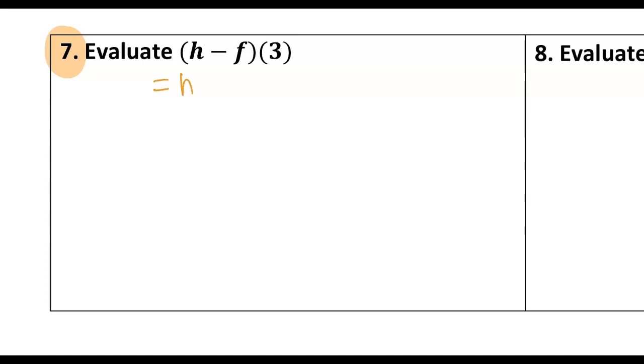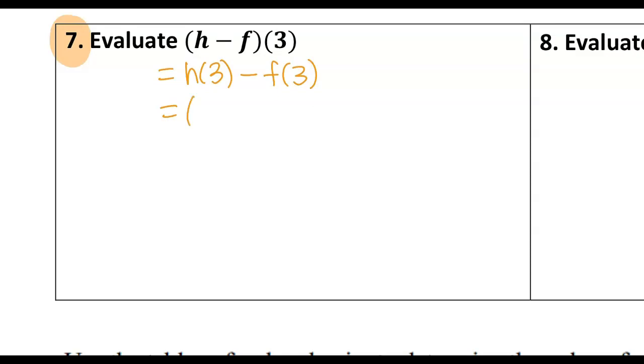Okay, and what did you plug in for h? 3 for the x's in the h function, and we're going to subtract that from f of 3. Okay, the next thing you should have done was use the h function, which is x plus 2, and you're going to plug in that 3. So x plus 2, in that parentheses, we're going to plug in the 3. We're going to subtract it from f of 3.